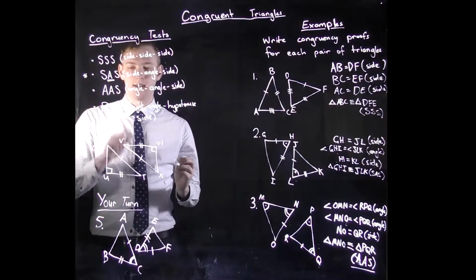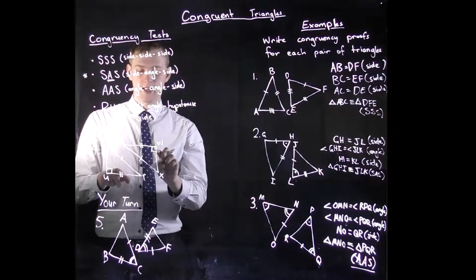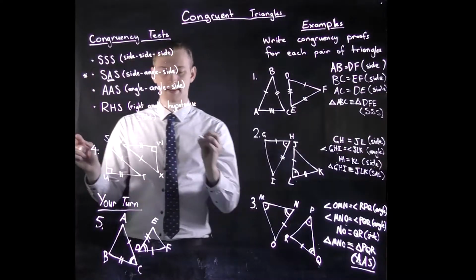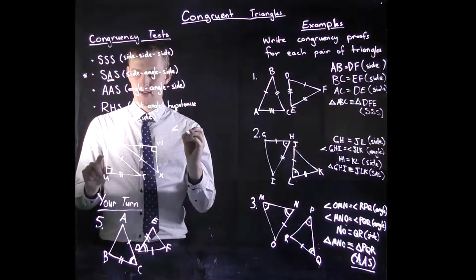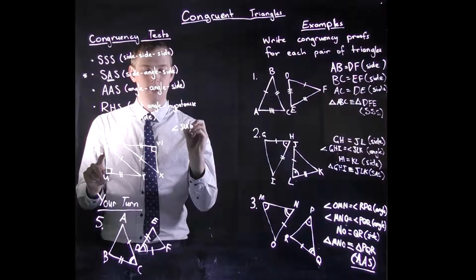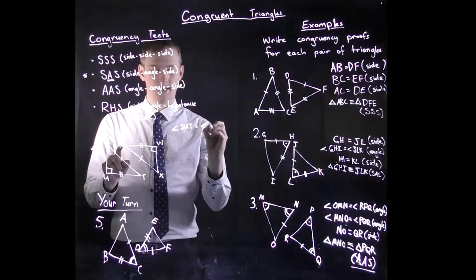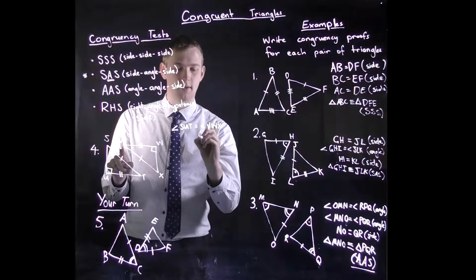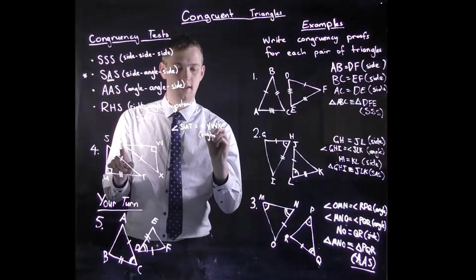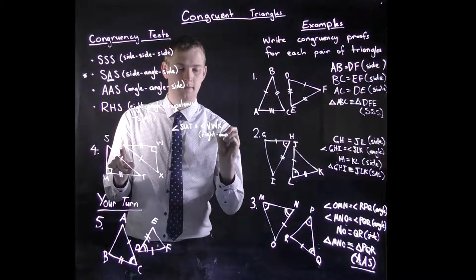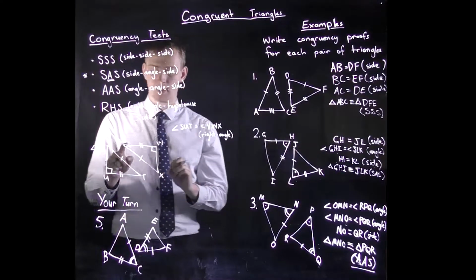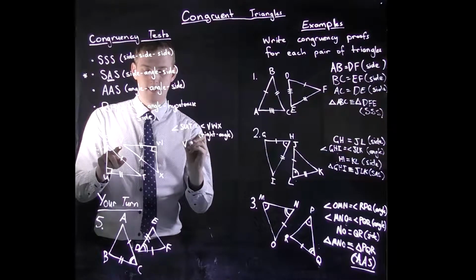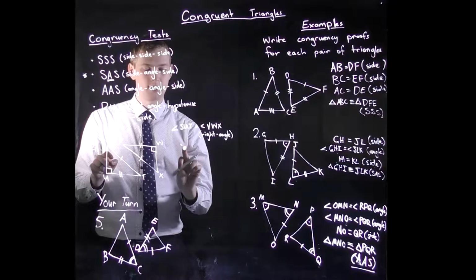So we're going to start with the right angle. So our right angle here is SUT and VWX. So we're going to say angle SUT equals angle VWX. And next to that we write right angle. Next we want the hypotenuse, so we're going to write the hypotenuse. So we keep the same triangle on each side.